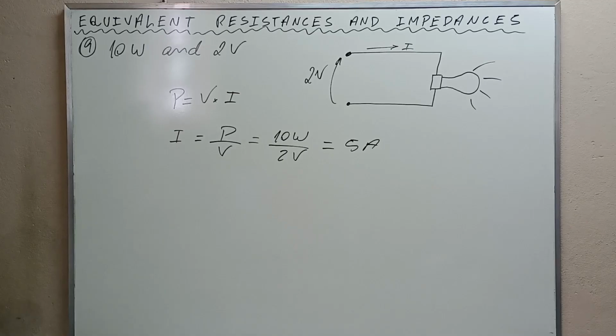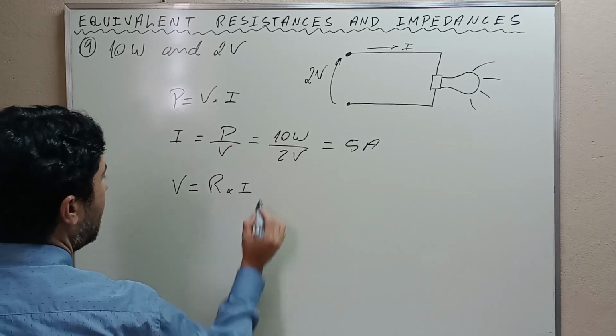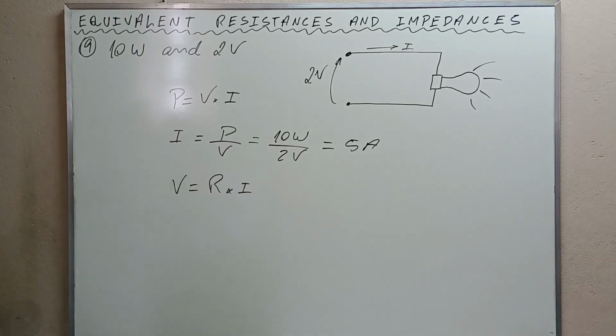This is the current it draws, the first result. Likewise, we can use that voltage is equal to resistance times current. From this expression, we find the value of the equivalent resistance.